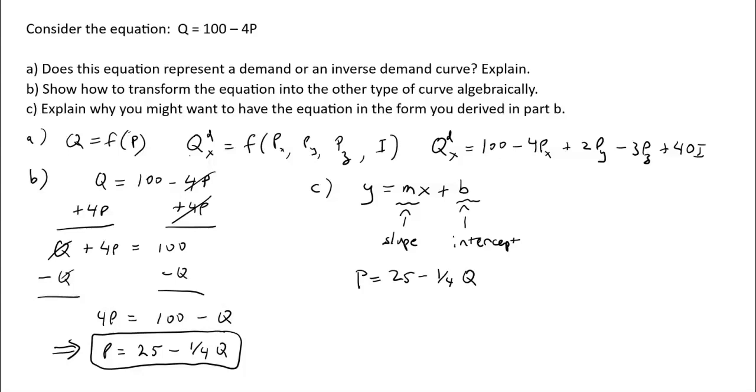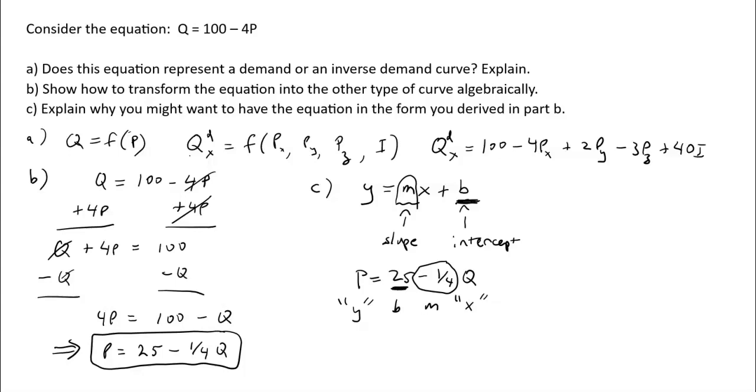Our x variable is the same as q, and our y variable is the same as p. So whatever is in front of the x variable, and that's m, is the slope. So we therefore have negative 1/4 as a slope, and therefore the term by itself, the intercept, is 25.